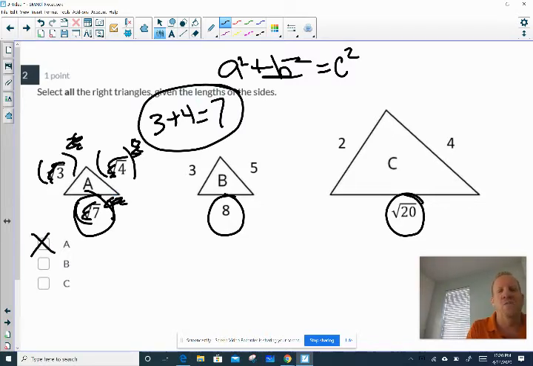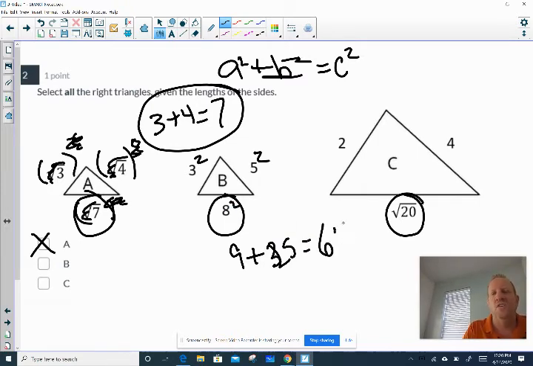So A is correct. B, 3 squared, 5 squared, 8 squared. So 3 squared is 9, 5 squared is 25, 9 plus 25 have to equal 64 because 8 times 8 is 64. This is not a right triangle.